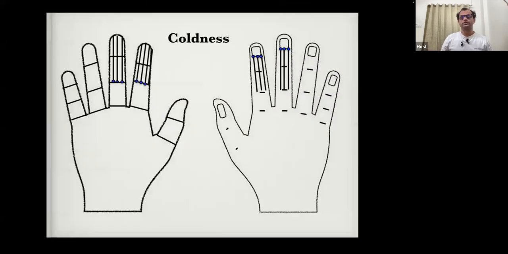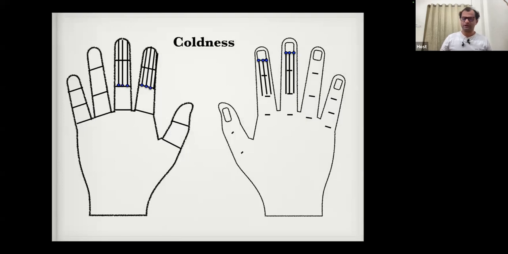So we can see these are the coldness points, all the coldness points. In the yang, coldness point is no, but we are choosing the coldness meridian.